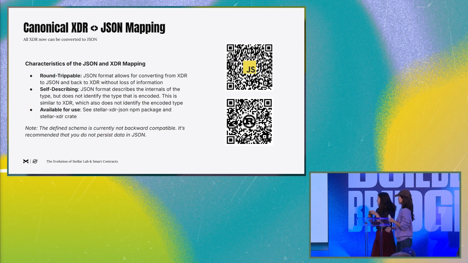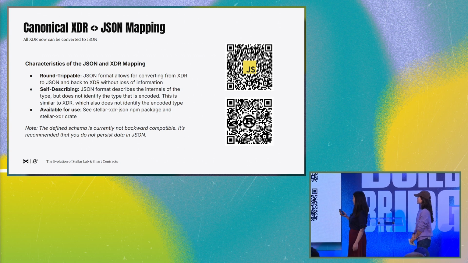All right. So we also released the canonical XDR to JSON mapping, and this is actually something that the DevX team worked on. There are certain characteristics with these libraries. First, they're round-trippable, which means if you start with XDR and convert to JSON and then convert back to XDR, you will get the exact same XDR, no matter how many times you do that.